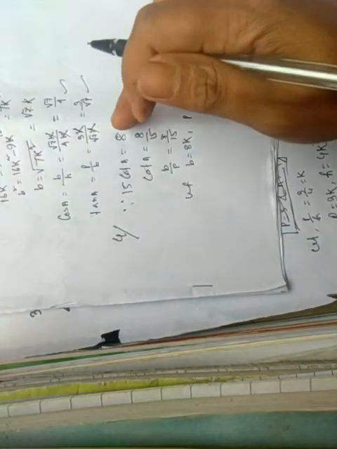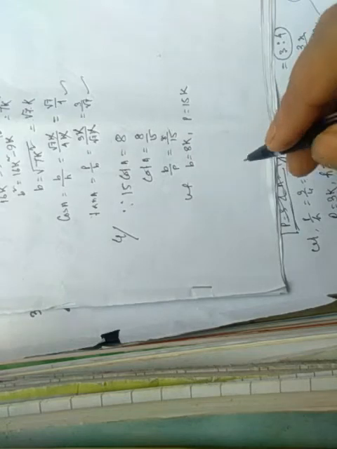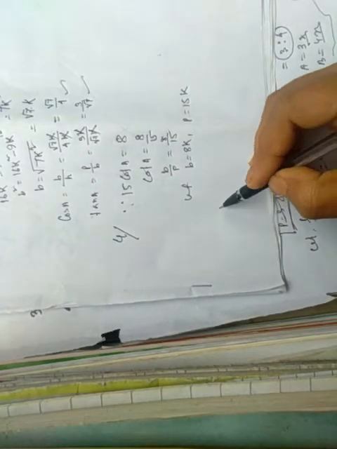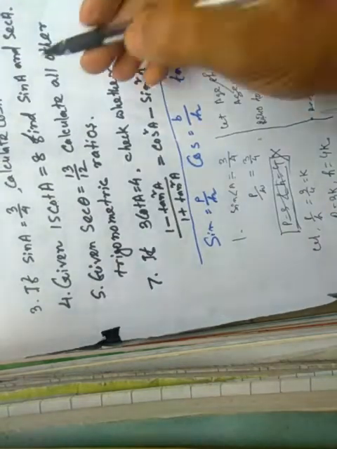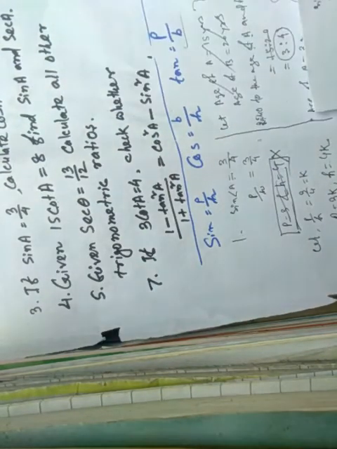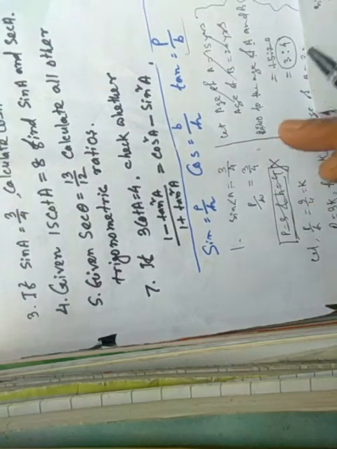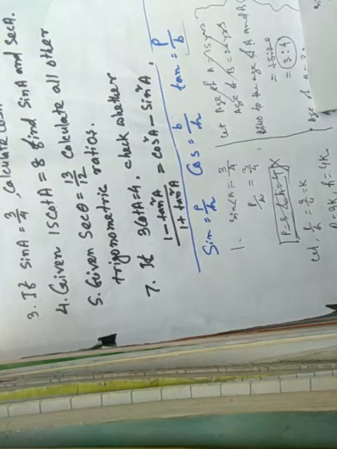After this we can proceed as in question number 3. We should use the Pythagorean theorem and find h. After getting the value of h, we can write the required ratios according to the question, sin A and sec A. So I leave it for you.